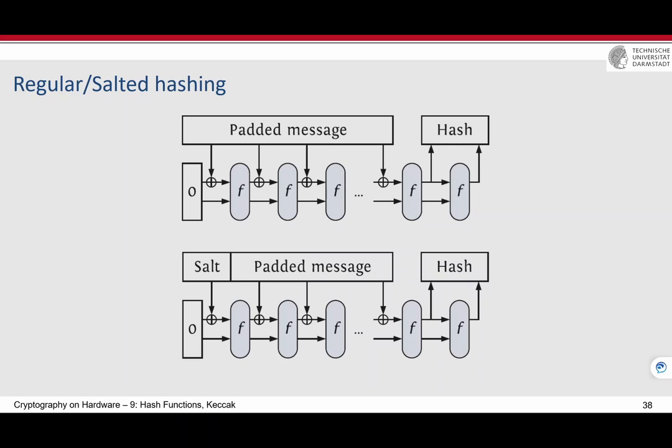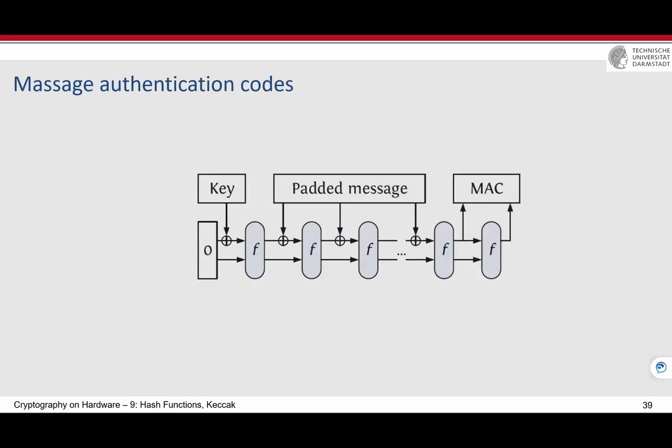And the same as we said here, salted hash, if you know salted hashing, is similar to this. And also for MAC, or message authentication code, there are different standards. One of them is what is suggested by Keccak. You add the key here, then you pad the message here, and then at the end you get the MAC.